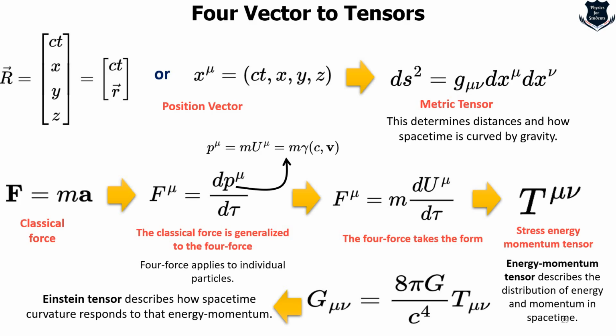So you can see the evolution is quite smooth. From classical force we go to 4 force, then there are problems, we get into tensors, and then we get into Einstein's field equation, which describes the curvature.